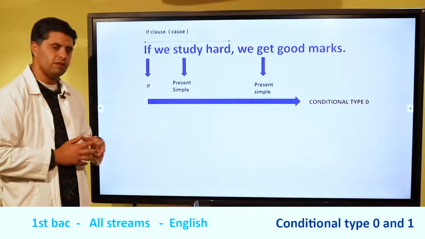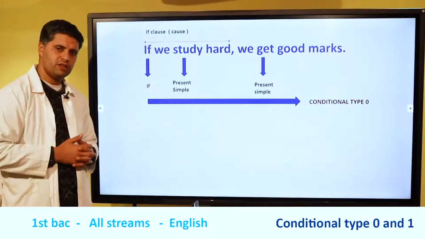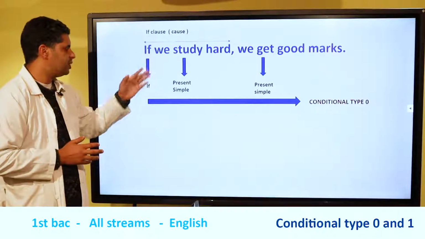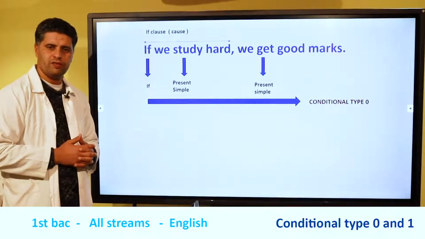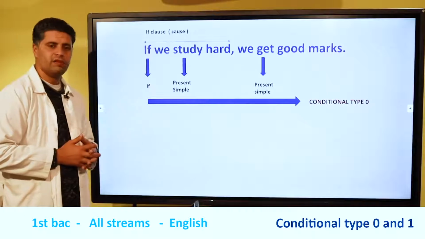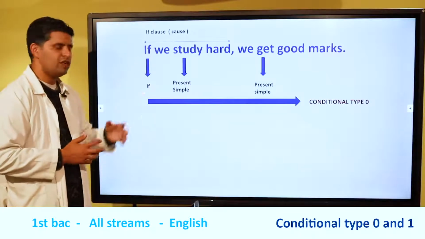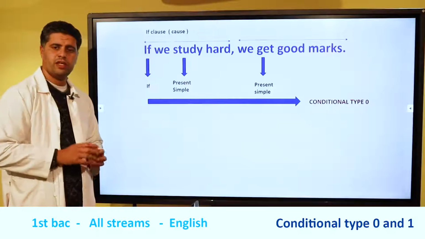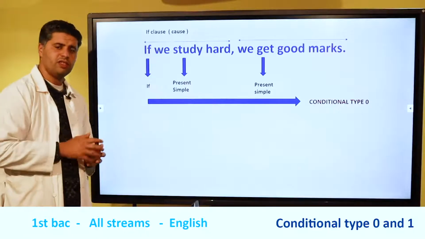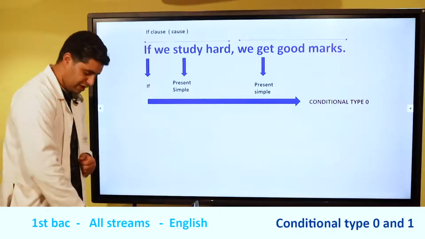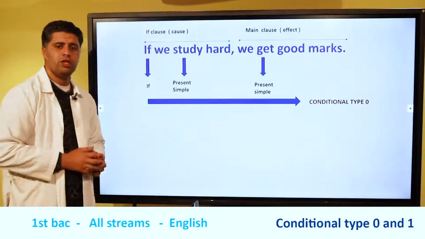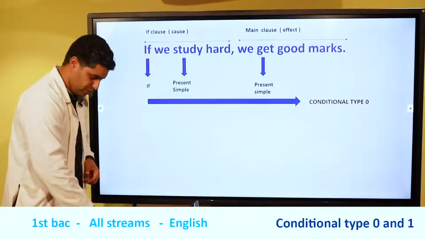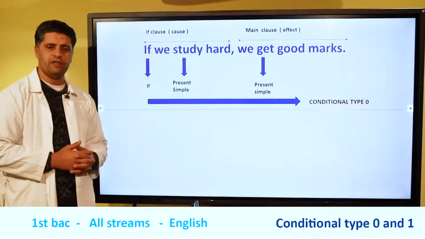Here we express the cause, and that's why we have used the conjunction if and started with the if clause. The second part reflects the effect, in which we use the main clause, which is used to express or show the effect.